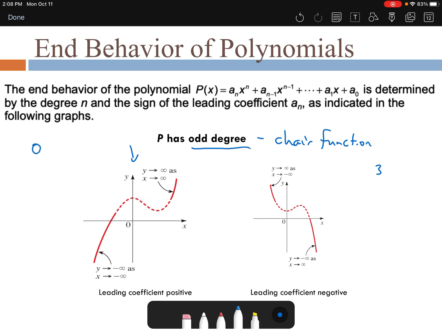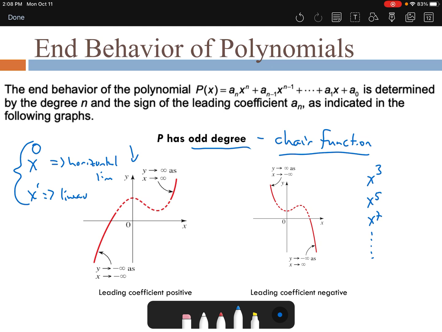So x to the 0 is a horizontal line. X to the first is also linear. So those are special polynomials. We don't really talk about those much. But x cubed, x to the 5th, x to the 7th, etc., we call chair functions.